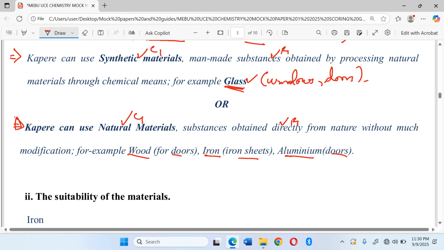So some people are asking, but is iron natural or artificial? So iron, these metals, most of them are formed in their ovens, but they are already existing and they are found in nature without any modification, most of them. So therefore we can call them the natural materials.